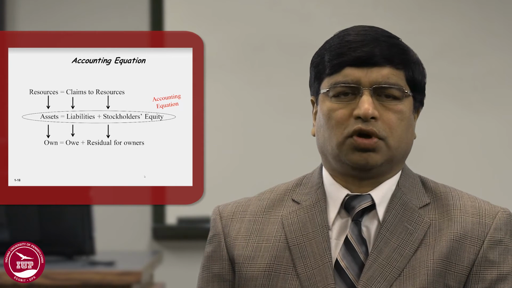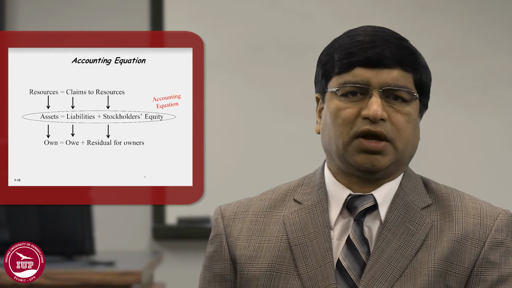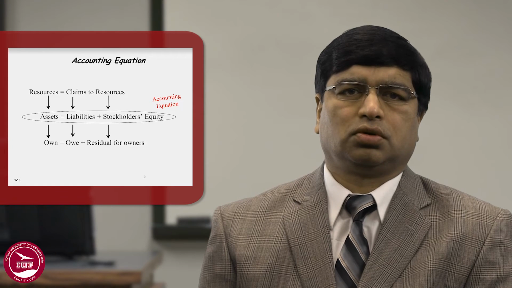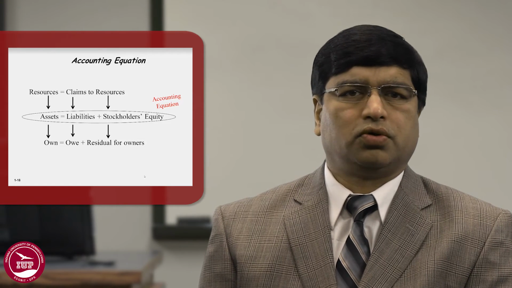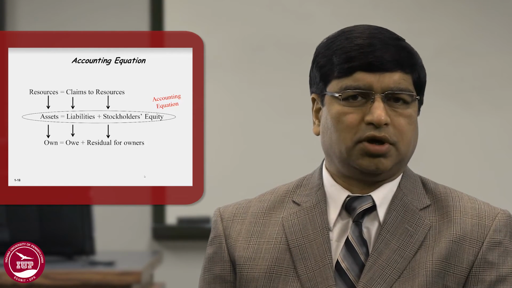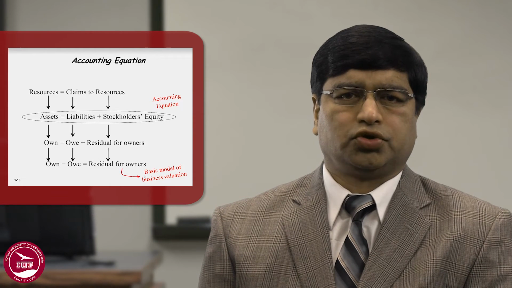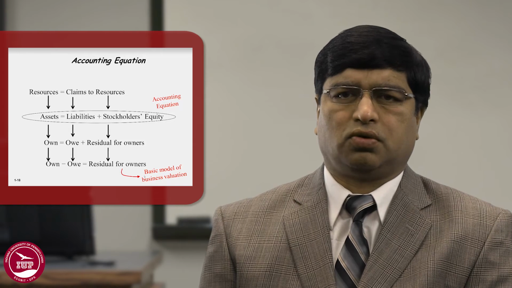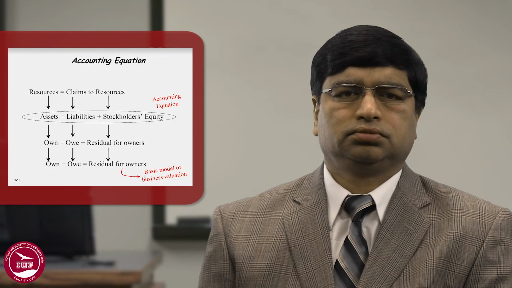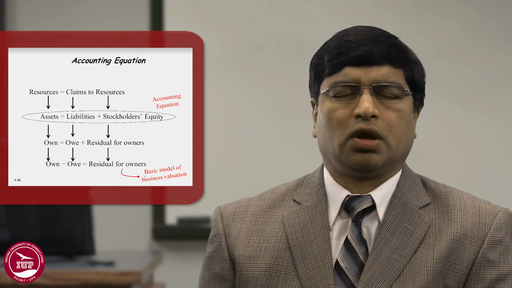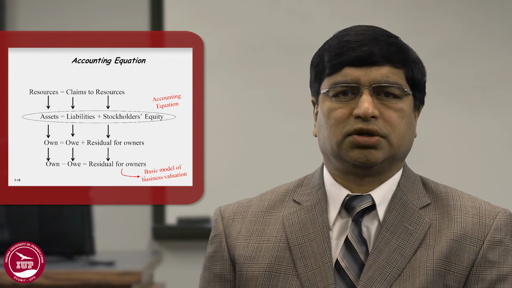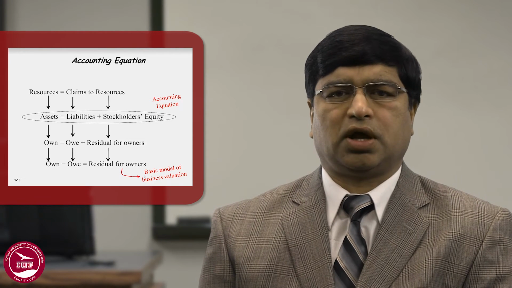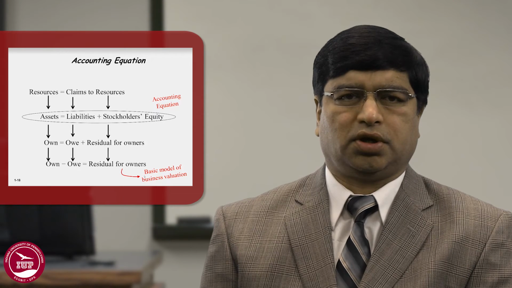So what the organization owns in terms of assets is equal to what the organization owes to outsiders, that is liabilities, and what it owes to the owners, that is called the stockholders' equity. So the basic accounting equation is written as assets equal liabilities plus stockholders' equity.